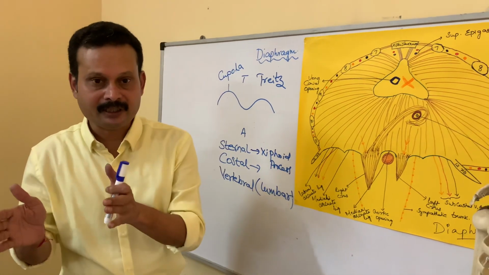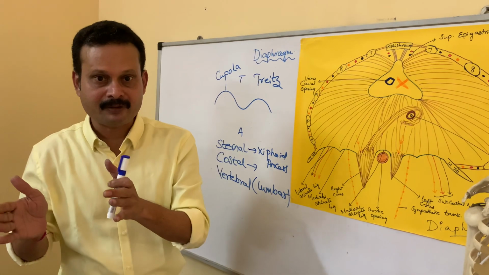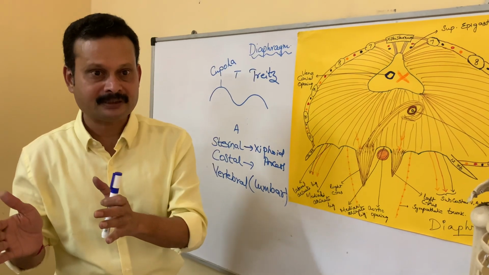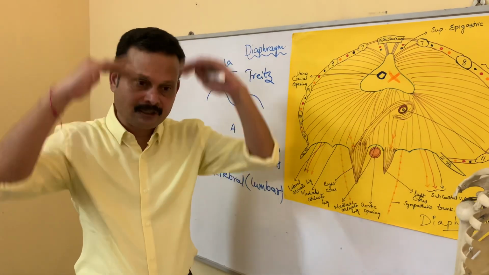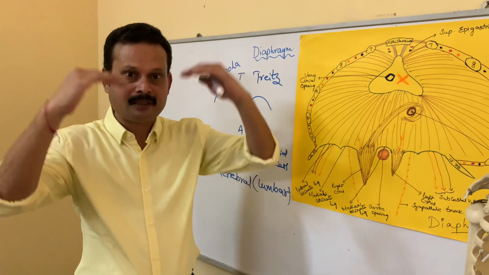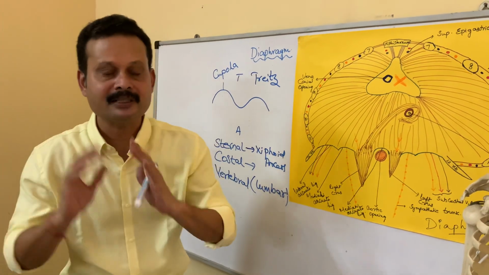So each phrenic nerve divides into 4 branches on the abdominal surface of the diaphragm and ends by supplying it.